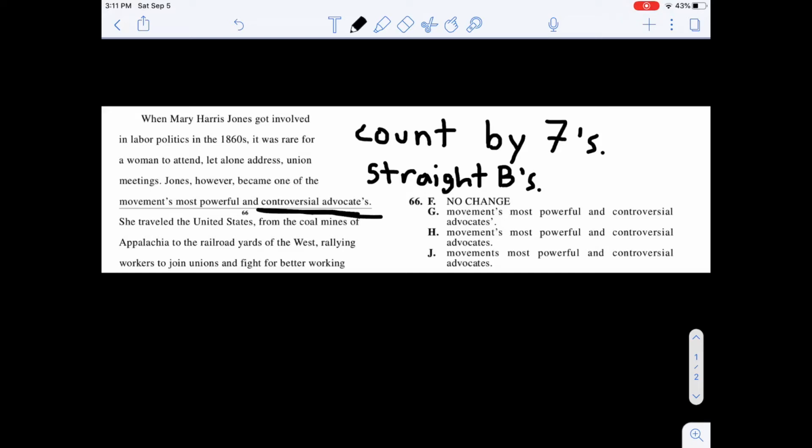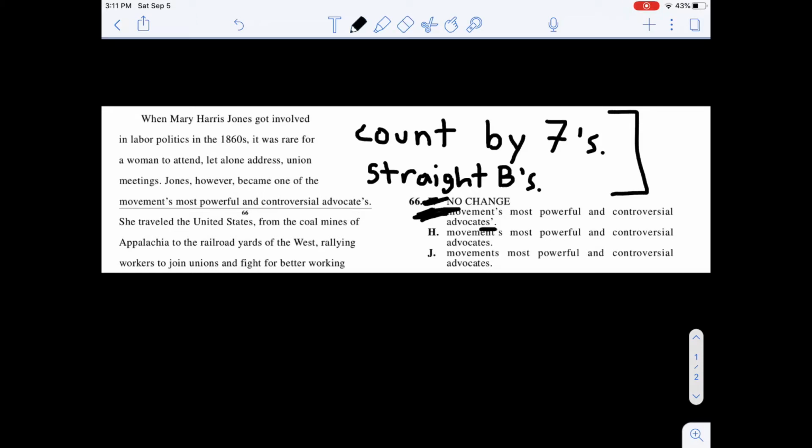To make anything else plural, besides these two cases, you just slap an S on the end or an ES. But you just put an S on the end most of the time, and that just makes it plural. You don't need an apostrophe before the S, or here it actually has it after the S. Both of those, if you ever see those on the ACT, just cross those out right away.